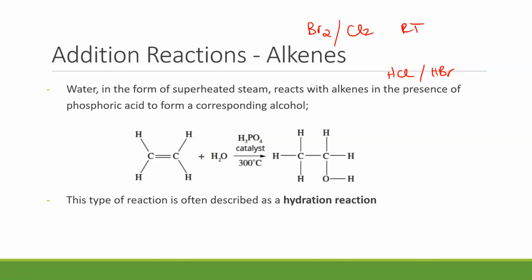When we're talking about water, we are now trying to break this bond here in order to add OH to one side and hydrogen to the other. This is going to require a catalyst. It is 300 degrees C and then a H3PO4 solid catalyst. This is phosphoric acid.